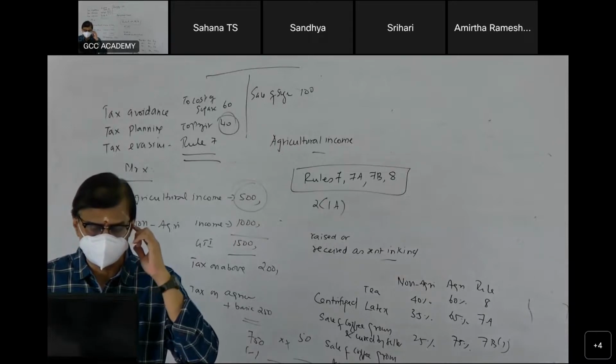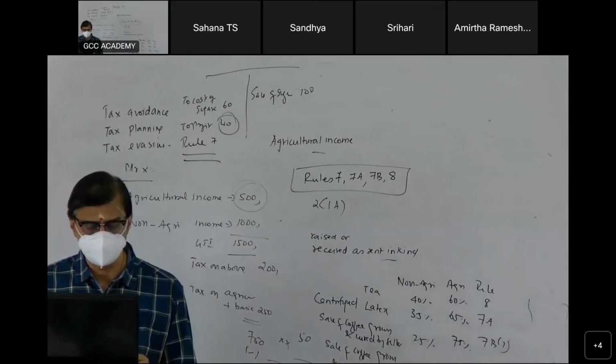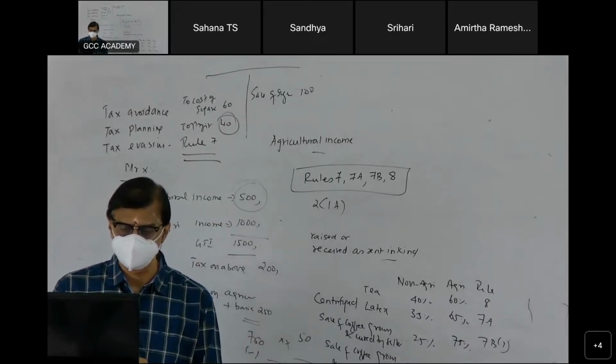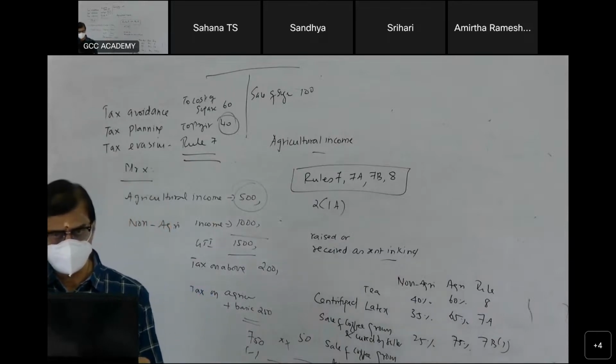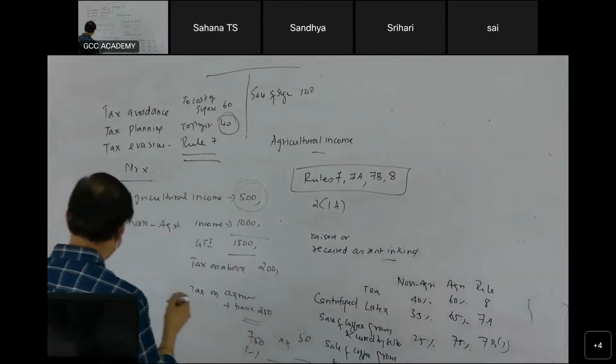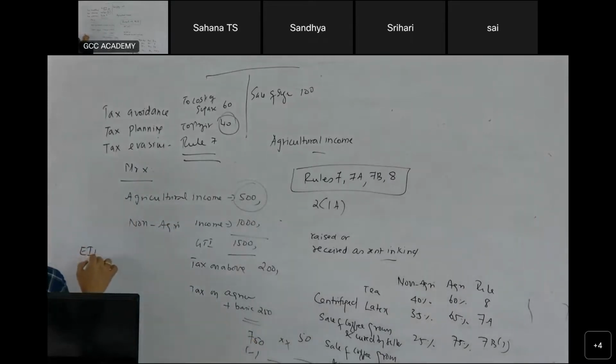Sir, am I audible? Yeah. Now only. Sir, is it GMR group, sir? No ma, it's not GMR group. Sir, EID Parry. EID Parry. Who said that? Sai, sir.